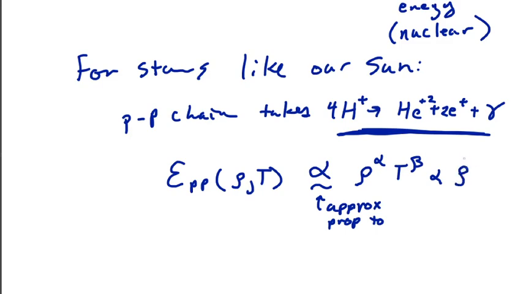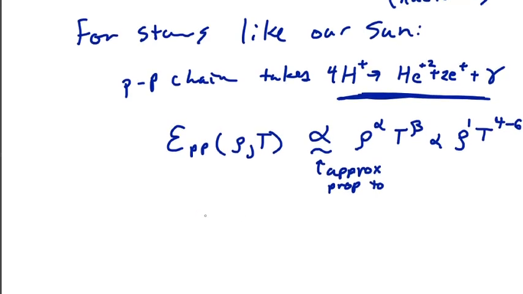That has a density dependence of 1, and the temperature dependence, we take that by basically fitting the exponential in the regime at which we're doing these temperatures. That's temperatures of sort of 15 million Kelvin. That has a rough power law index of about 4. 4 to 6, really, practically speaking, but 4 for something like our sun.